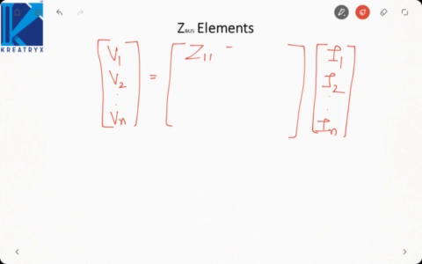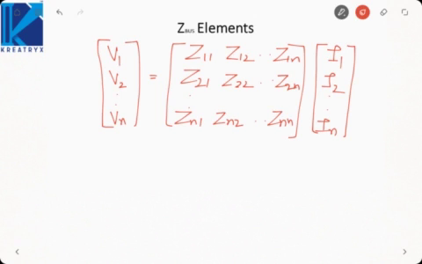The elements will be Z11, Z12 up to Z1n, Z21, Z22 up to Z2n, Zn1, Zn2 up to Znn. So we can say that V1 is equal to Z11 I1 plus Z12 I2 up to Z1n In.